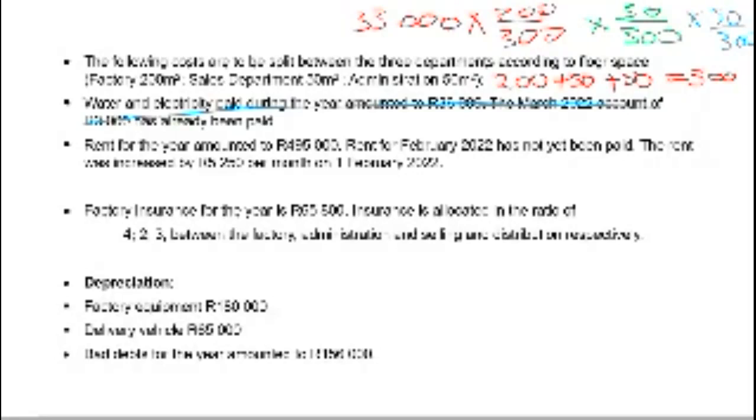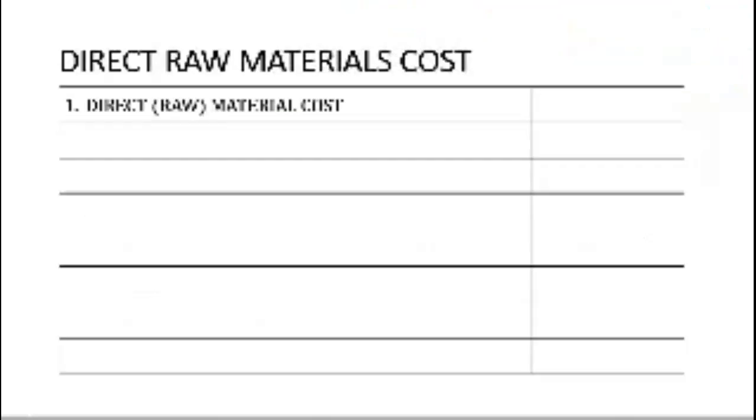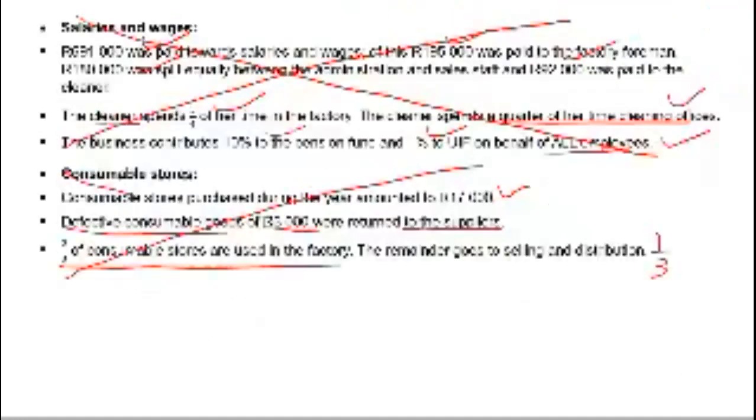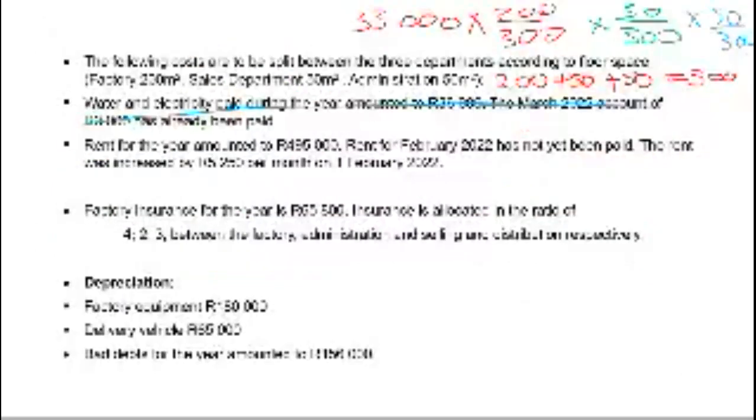So if I want monthly rent, I will simply take that 495,000 divided by 12, and it'll give me 45,000.